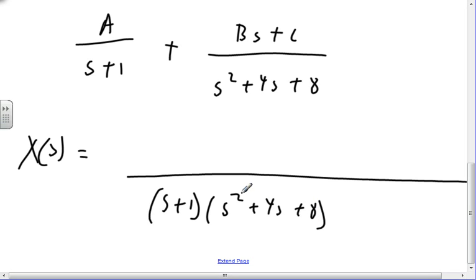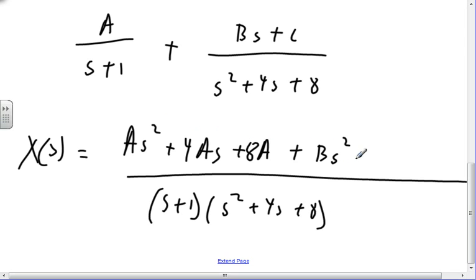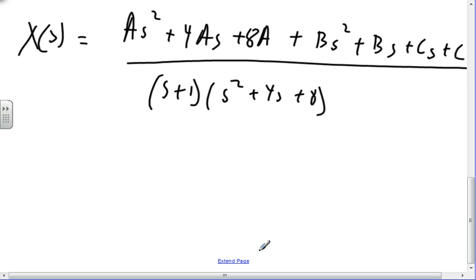And on the top, the numerator: As squared, 4As, 8A, plus Bs squared plus Bs plus Cs plus C.